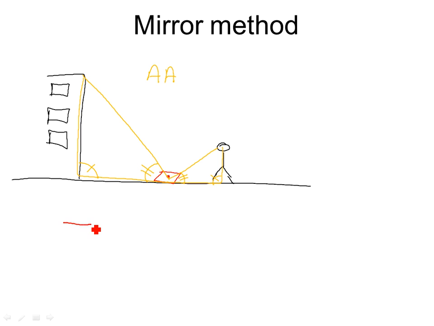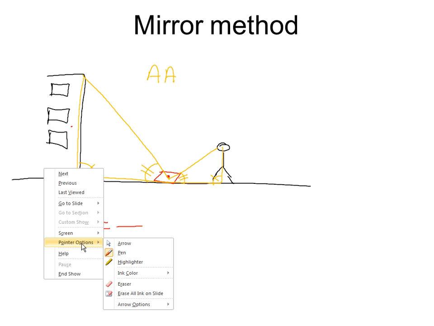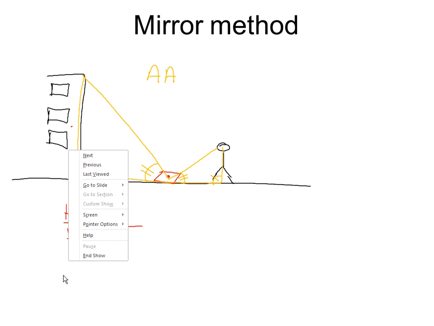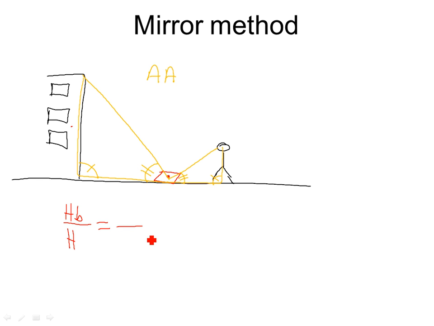Well, if that's the case, then the proportion we can set up is, again, the height of the building, that's the height of the building over here, compared to the height of the person, and then the distance the building is from the mirror, from here to here, compared to the distance the person is from the mirror.